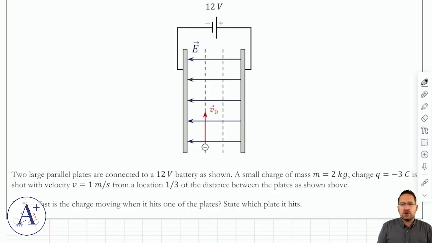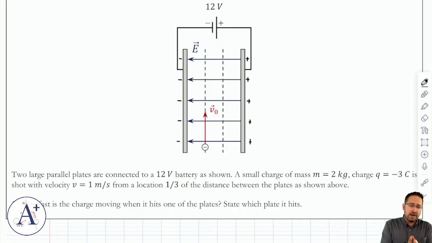Okay, so well, first of all, this plate is connected to the positive terminal of the battery, so this plate is going to be positive. And this plate is connected to the negative terminal of the battery, so it's going to be negative. There we go. This is consistent with the electric field pointing from high V to low V.